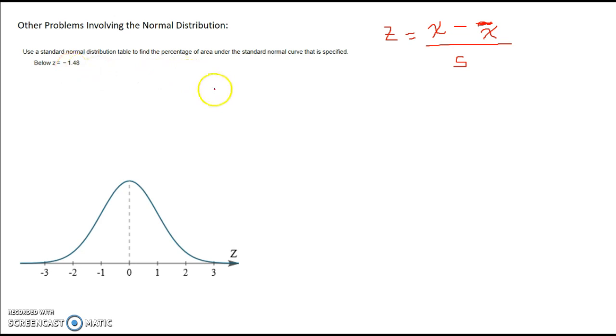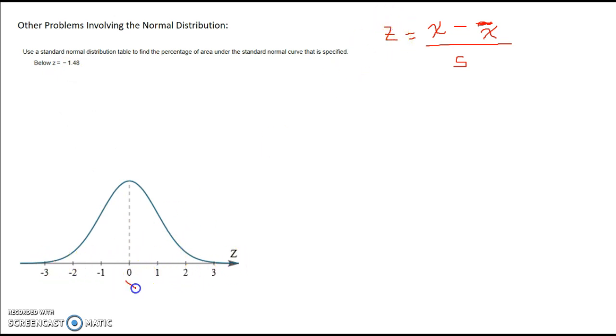For each of these three examples, I've already taken a raw score and made it a z-score. So we want to find the percentage of area under a standard normal curve that is specified. Here is the standard normal curve, with z-scores.